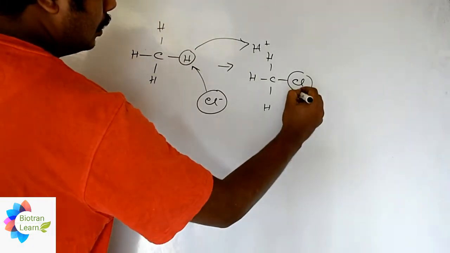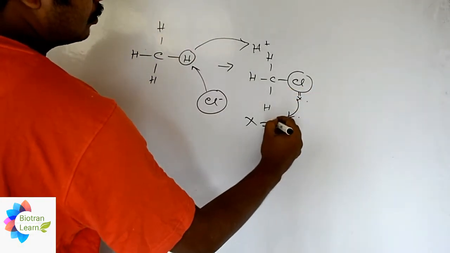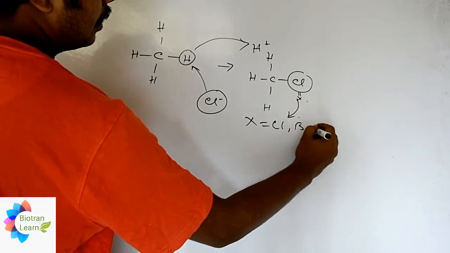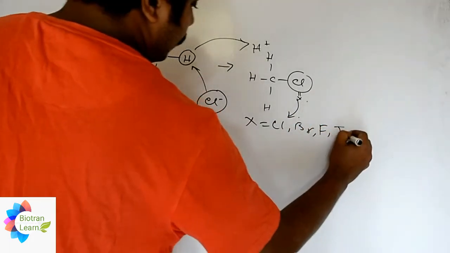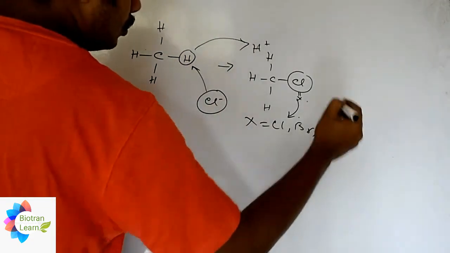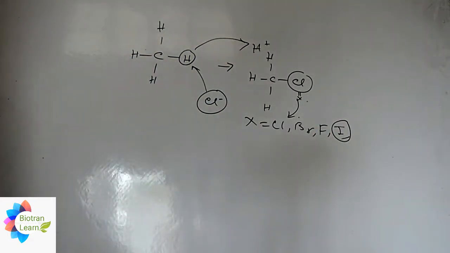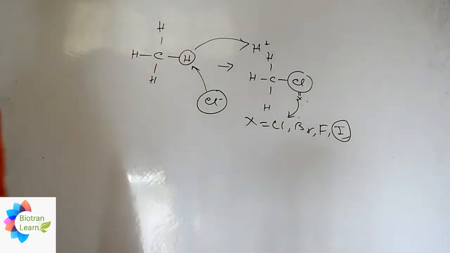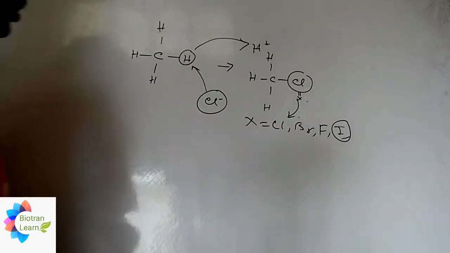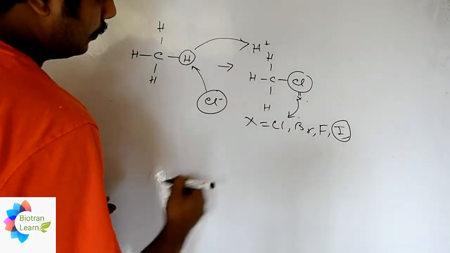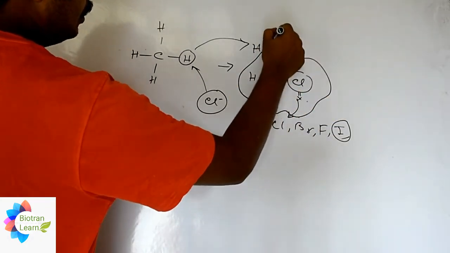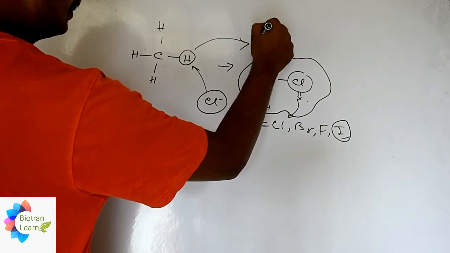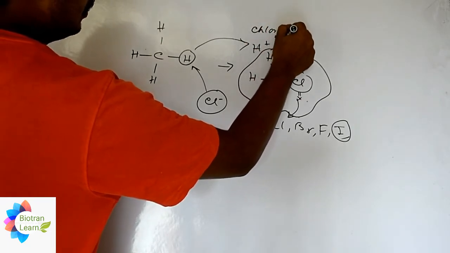Hence X can be Cl, Br, F. Okay, alright. I is not that mandatory like these elements are. So now we are having a particular structure of chloromethane in here. This is chloromethane, right?